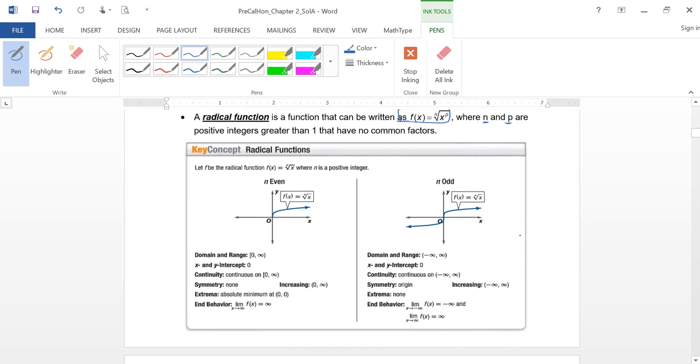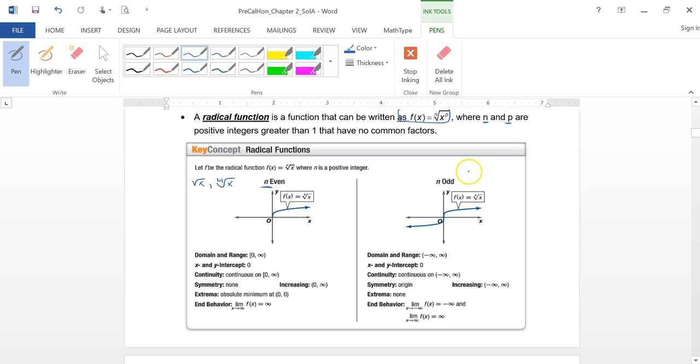So here's how things look. When you have an even root, for example the square root of x, the fourth root of x, when n is even, this is how the graph will look. Basically, the domain is from 0 to positive infinity, and it's continuous.